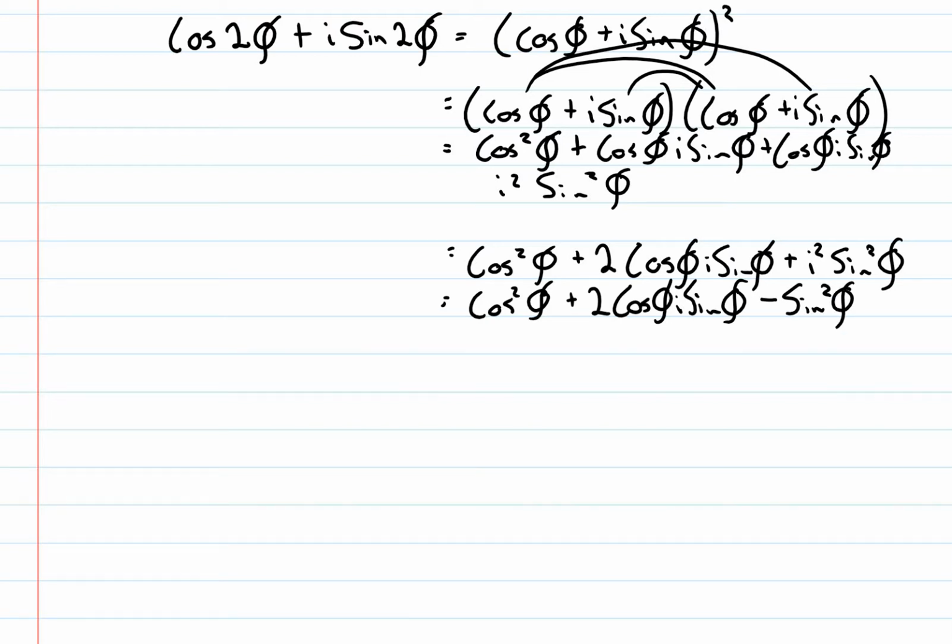Now I'm just going to rewrite this again. We have cos 2 theta plus I sine 2 theta equals cos squared theta plus 2 cos theta I sine theta minus sine squared theta.